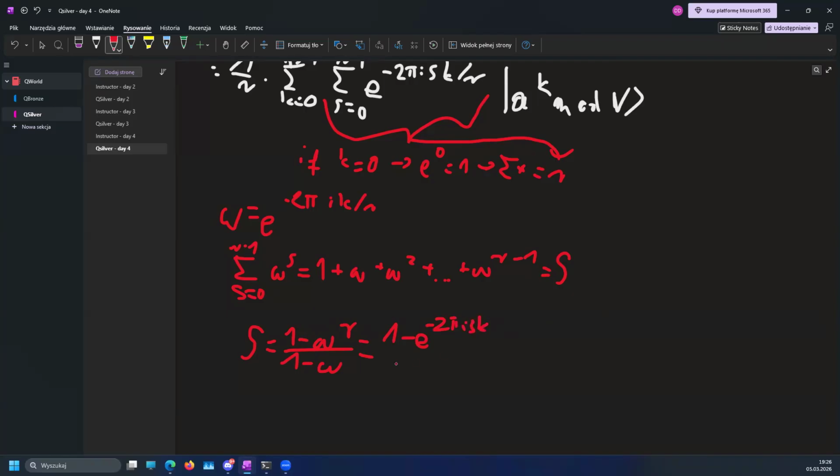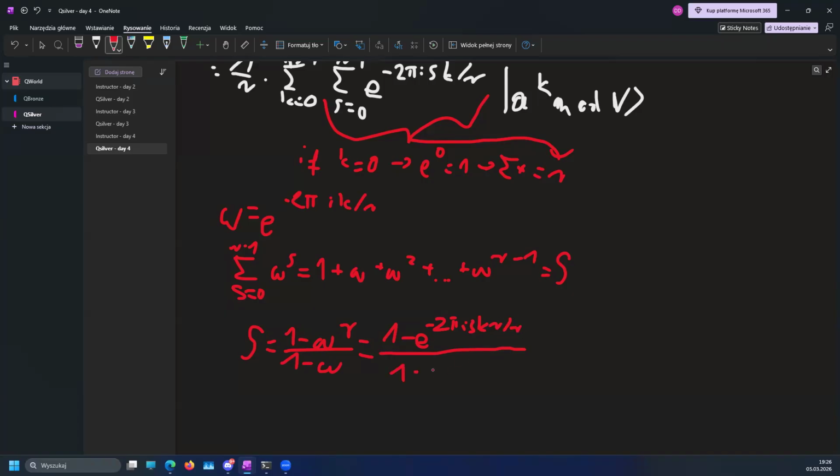s k, and maybe times r divided by r, so it will be equal to 1.